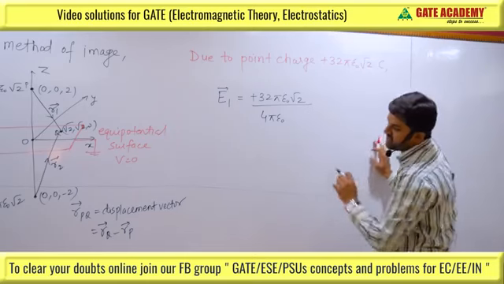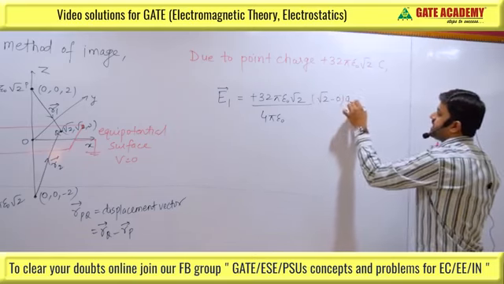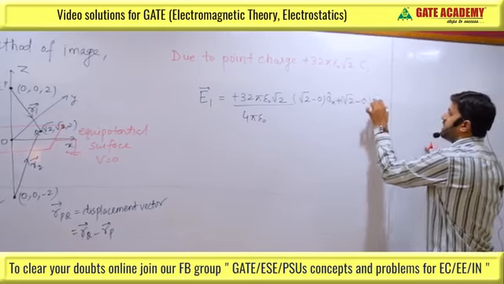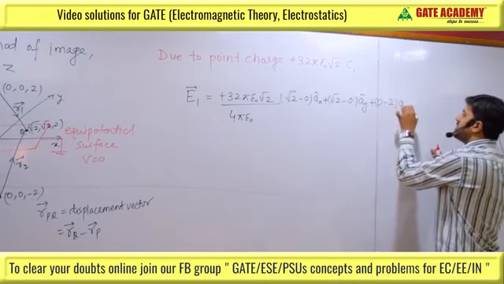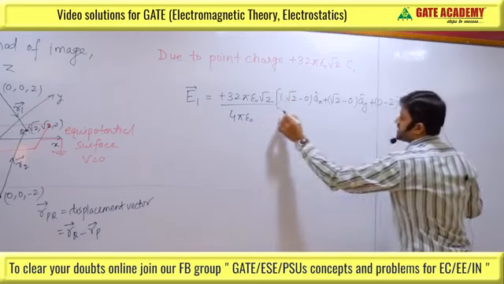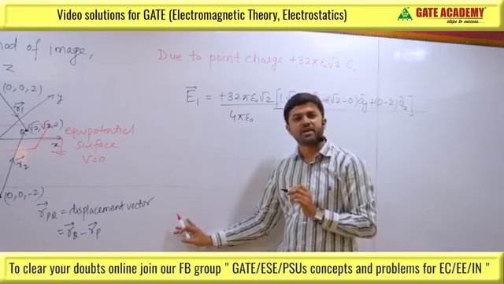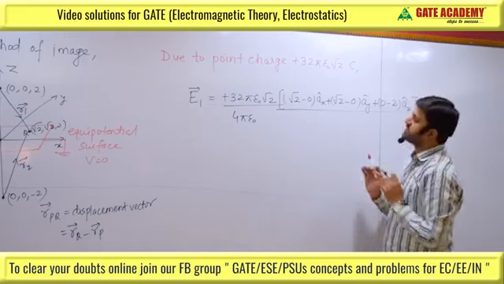displacement vector r, and that is root 2 minus 0 ax cap plus root 2 minus 0 ay cap plus 0 minus 2 az cap, divided by r to the power 3 by 2, meaning its magnitude to the power 3 by 2.